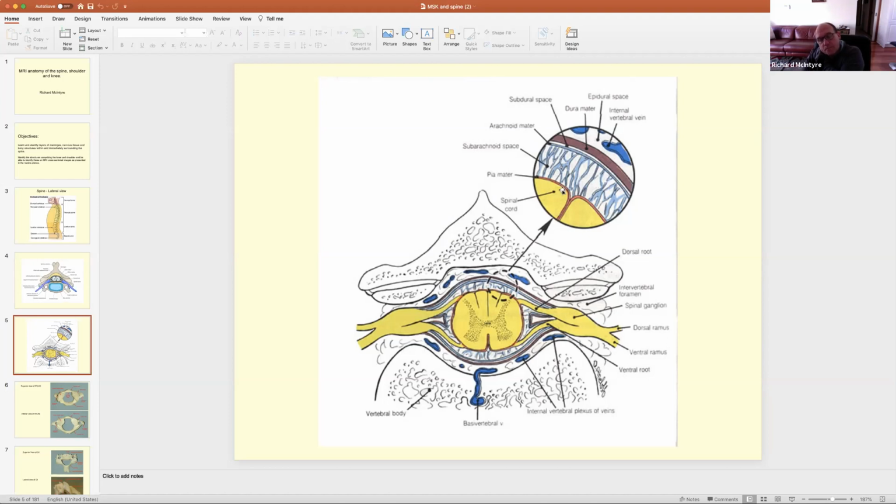Then we have the pia mater, which is the covering of the brain, or in this case the nervous tissue, and we've got the nervous tissue underneath the pia mater. So there are our different layers. And then we've got the different structures around there that we've just gone through. There's the spinal ganglion there.